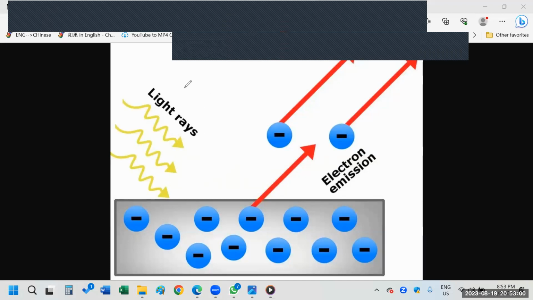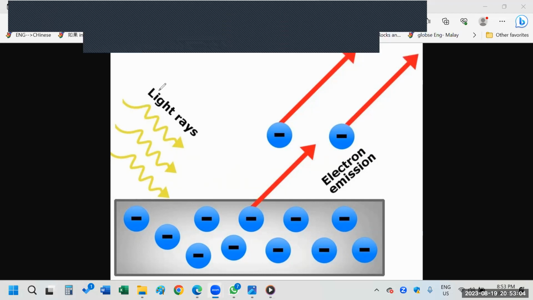Now the light rays are photons. So we can say this is a photon. This is yellow light, so we can say it's a yellow photon. We know that electrons actually come from the metal.